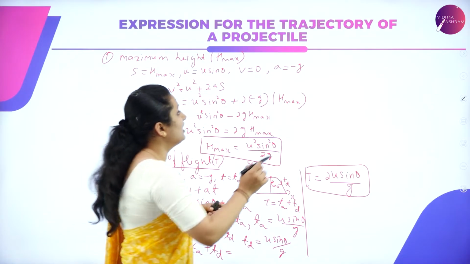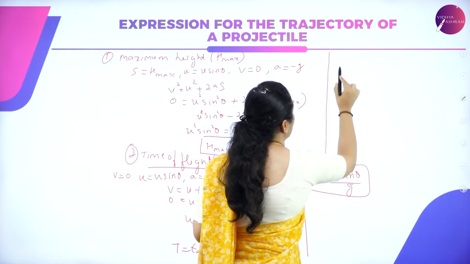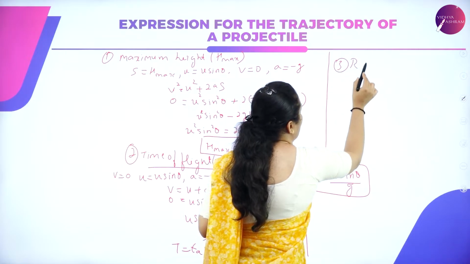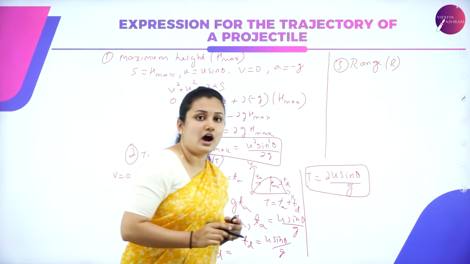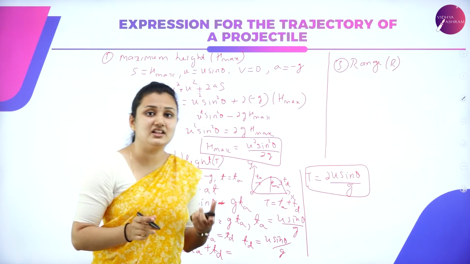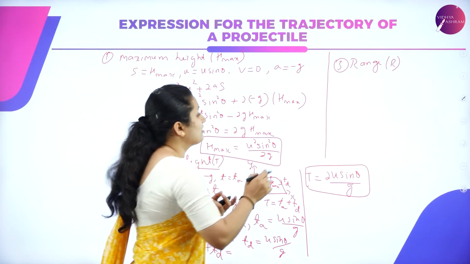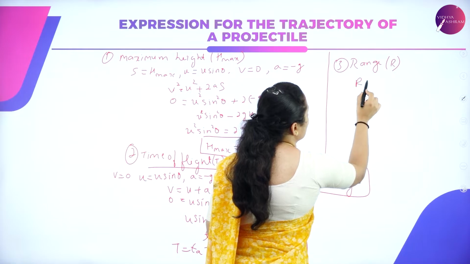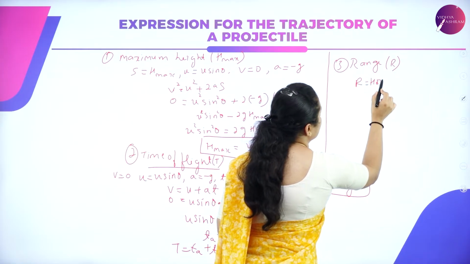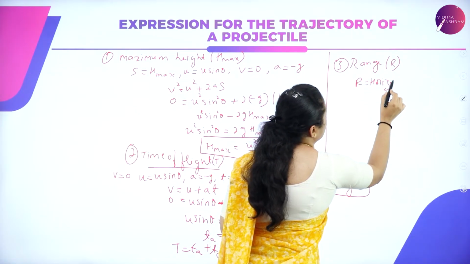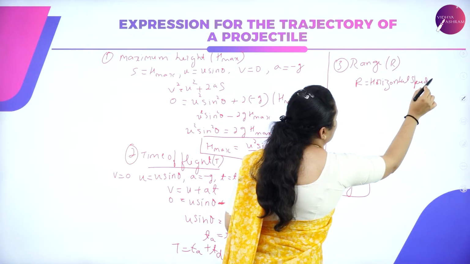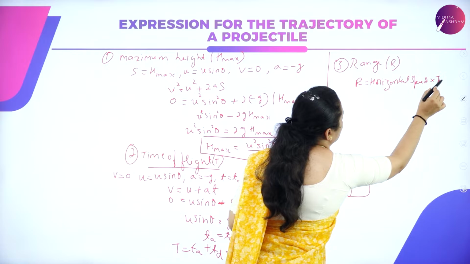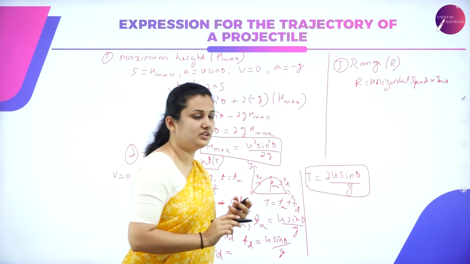So next, the third component, it is range. I want to calculate the range r, what is the range of the projectile. So range is given by horizontal speed into time.